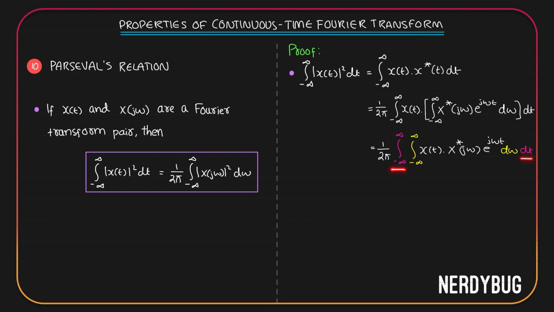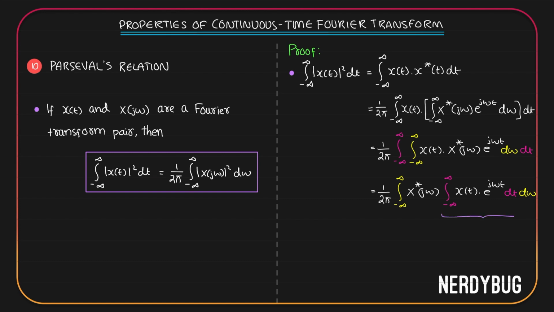Now this one corresponds to dt and this one corresponds to dω. Let us change the order of integration. So we'll get something that looks like this. We will do integration with respect to t first and then ω. Now X conjugate of jω doesn't have anything to do with t, so we can take it out of the inner integration. e^(−jωt) has t in it, so it has to be inside. x(t) is anyway a function of time, so it also has to be inside.